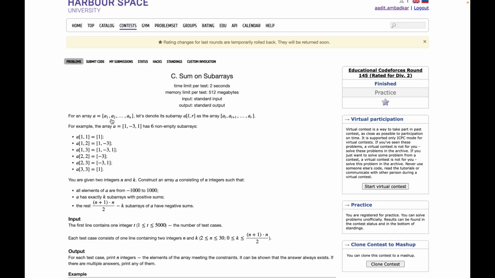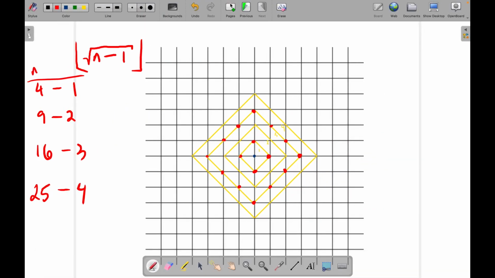You're given 2 integers n and k, and you want to construct an array with exactly k positive subarrays, and the rest of the subarrays have negative sums. And then there's some bounding on the values that A can have. And n, crucially here, is less than or equal to 30. Okay, let's take a look at this problem.